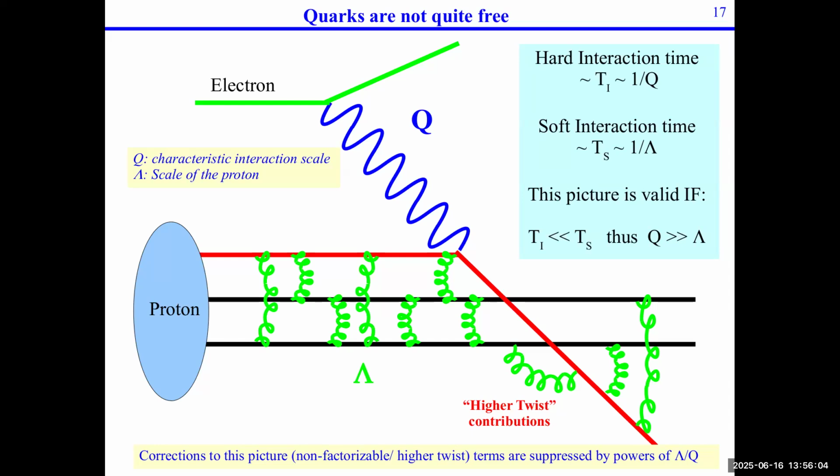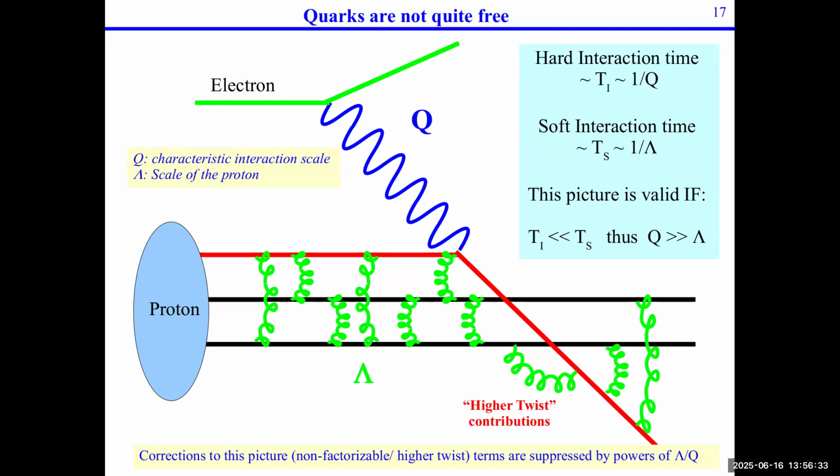And because of the inverse relationship between the interaction time and the energy, if I come in and hit this parton with a very high energy photon, I hit it so hard and so fast, I kick it out of there before it has time to make a phone call to any of the other neighboring quarks or gluons. And so because of that, I can say that the probability of finding that is independent of whatever I'm doing.